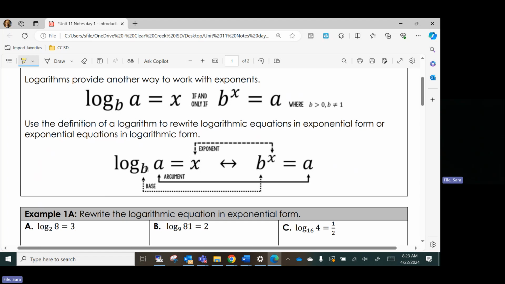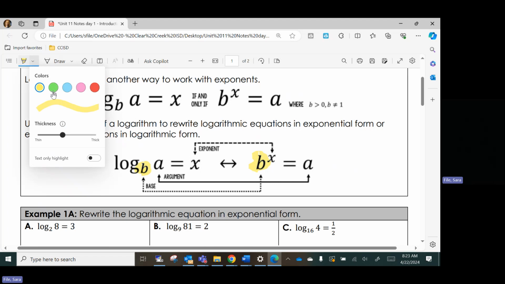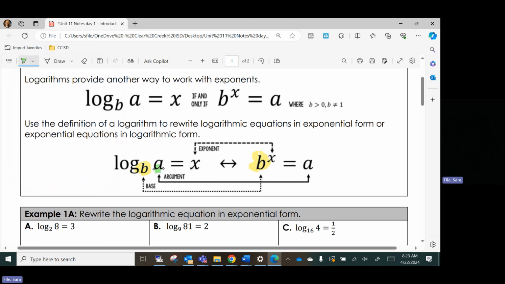So whatever the base of the log is, that is your base of your exponential. That's why they have the same letter there. B is the base, whether it's the log or the exponential form. What you are taking the log of, that's called the argument, is what the exponential is set equal to.